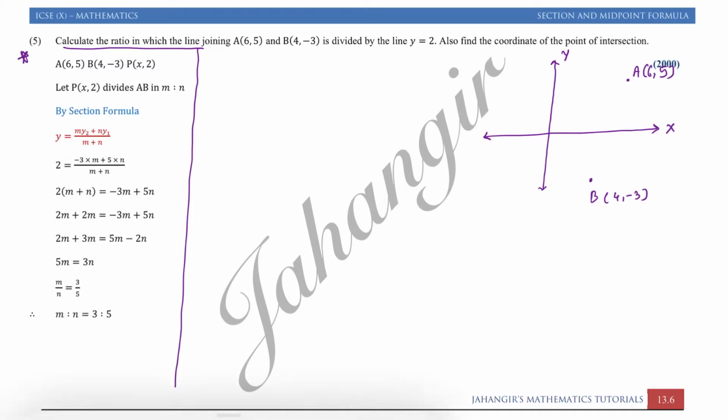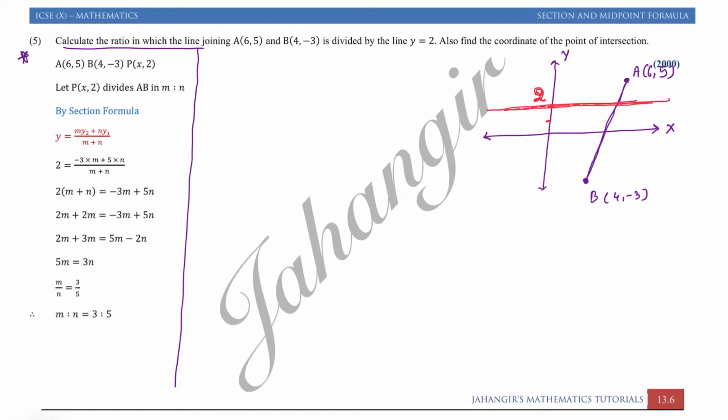So let us draw a line. We got A and B point. Now what they say is divided by the line y equal to 2. So y equal to 2 means it should be a horizontal line. This is y equal to 2. Y equal to 2 is the horizontal line which passes through the 2 of y. Let's say this is 1, this is 2.